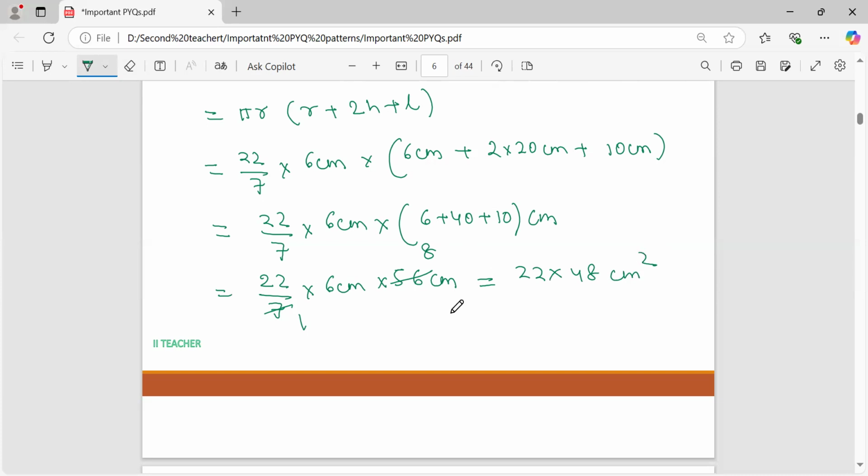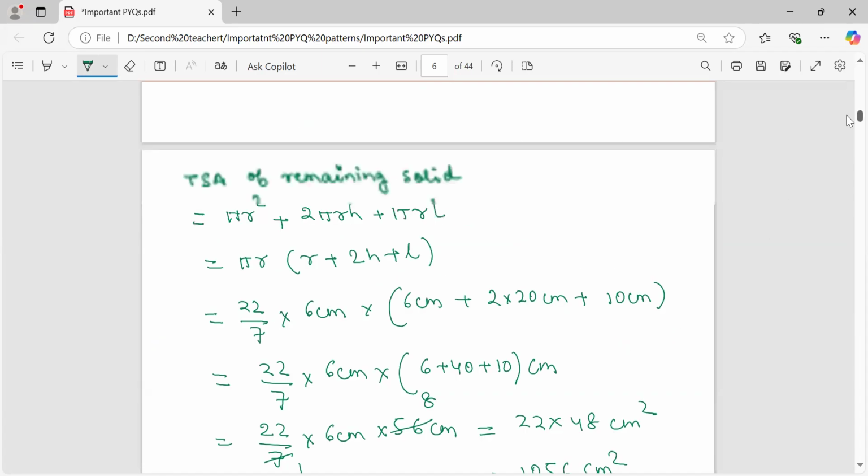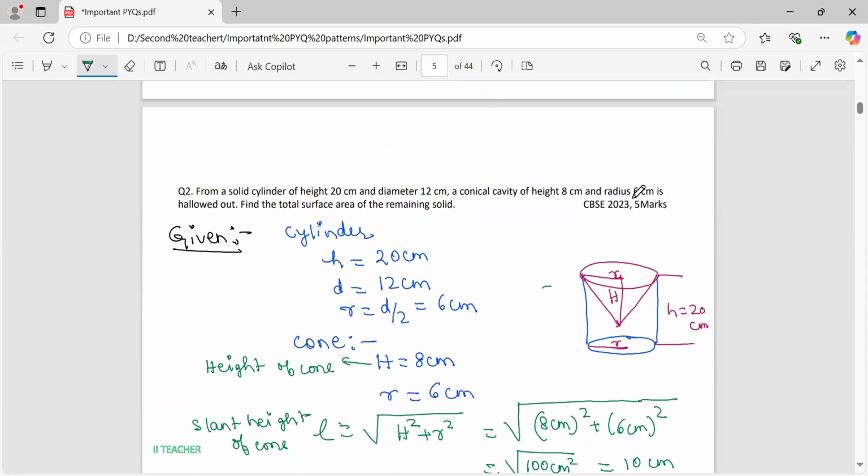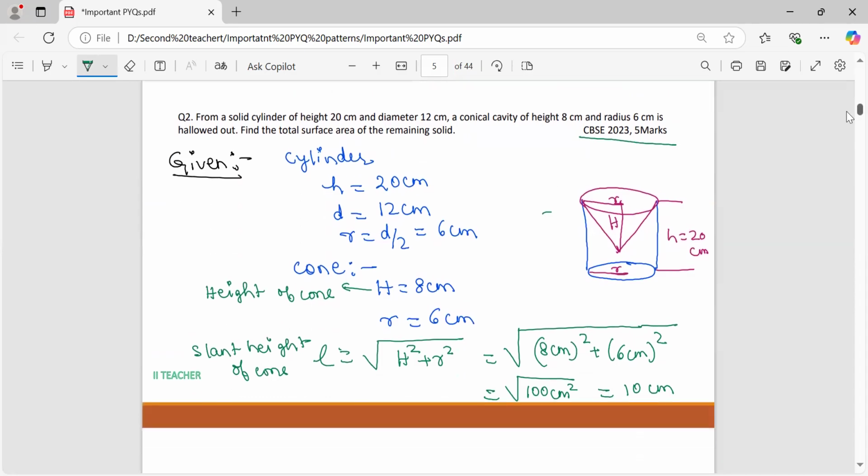So that is 1056 centimeter square. है ना. ऐसे सॉल्व करना है इसको. So this is your answer. That is the answer we are looking at. बहुत आसान है सॉल्व कर दिया तो. So it's a good 5 marks question. Okay, this is a CBSE 2023 5 marks question. है ना. समझ में आ गया आप सबको?